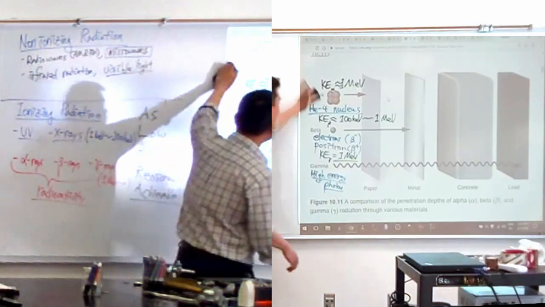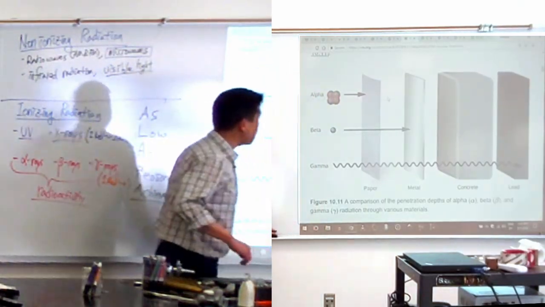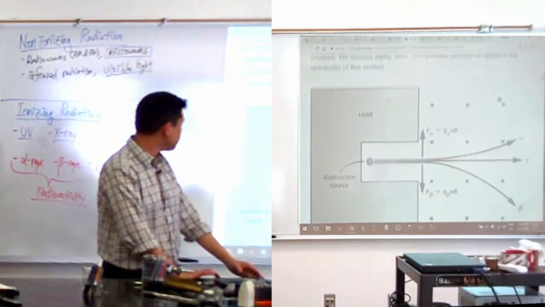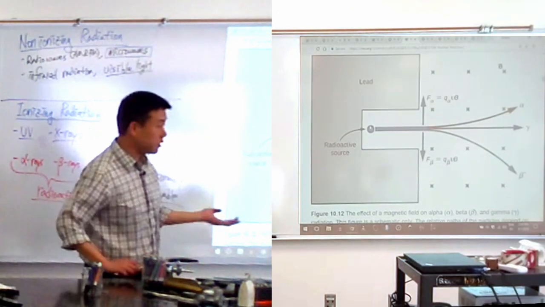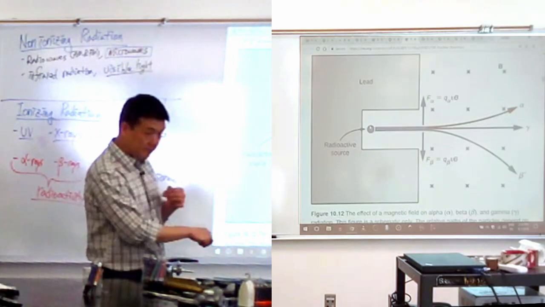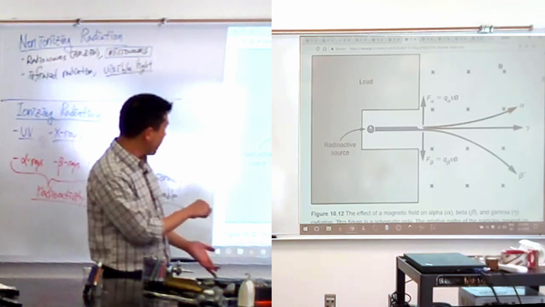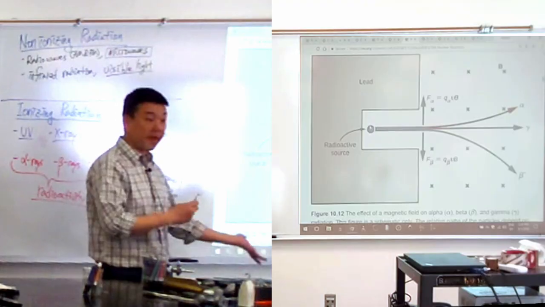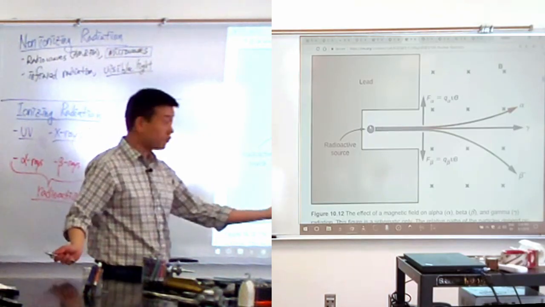Your textbook actually goes into more detail of how these were separated and how their properties were determined. It's an interesting physics problem because this would be one way to do it. You have a radioactive source, which may be a source for all three different types. And you would distinguish them by, well, beta ray bends more, so it must be lighter. Alpha ray bends less, so it must be heavier. Gamma ray never bends, so it must be electrically neutral.